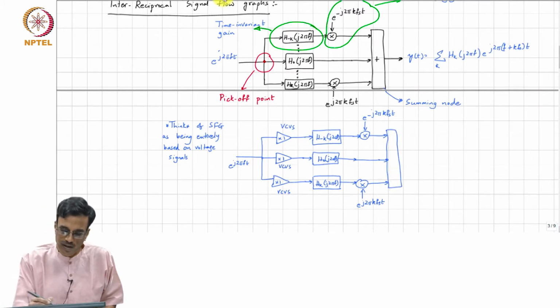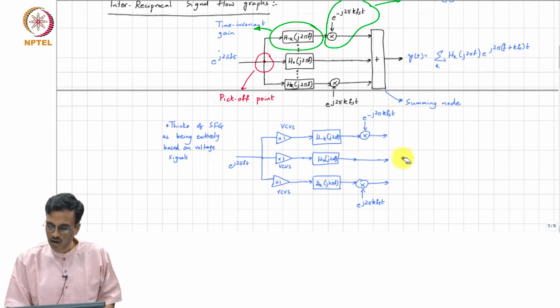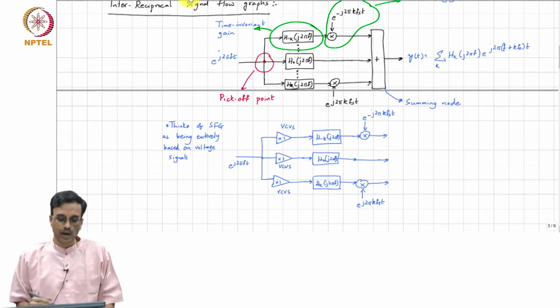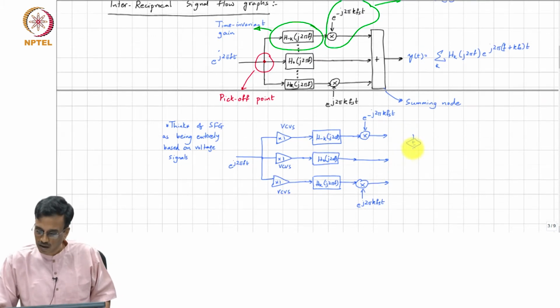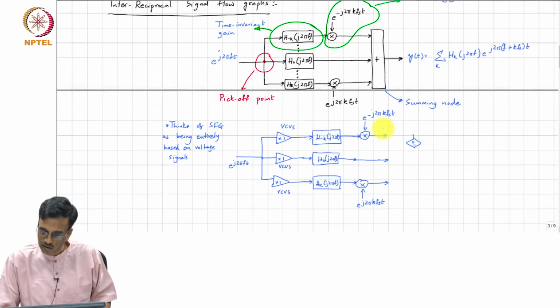And how do we realize summation in voltage? Well, we have a voltage controlled voltage source like this. Let us call these V minus k, V 0 and V k. So, this is 1 times V minus k.